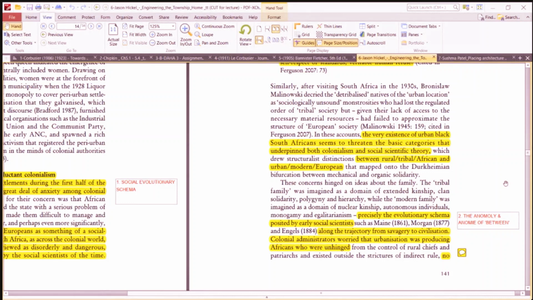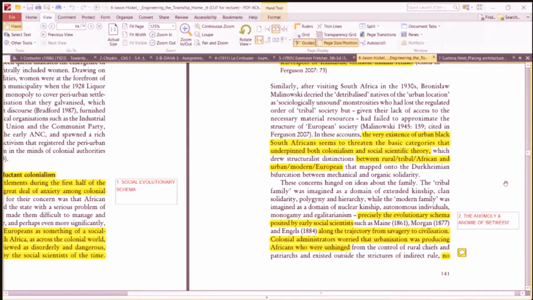So Jason Hickel continues: the very existence of urban Black South Africans seems to threaten the basic categories that underpinned both colonialism and social scientific theory between rural, tribal African and urban modern European. Do you understand what he's saying?